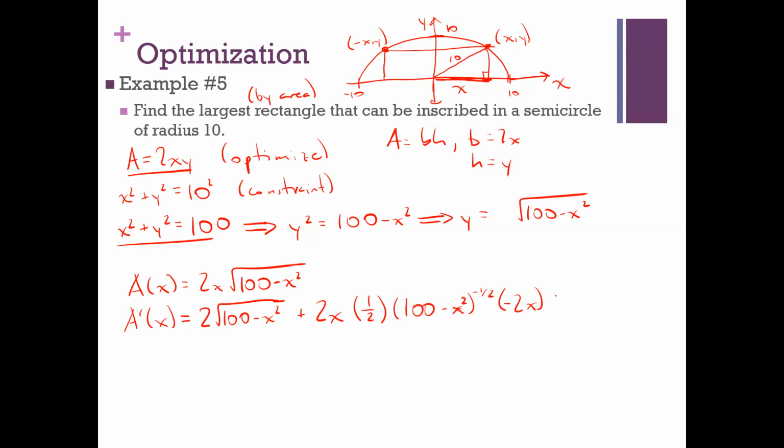And I really would like this thing to be equal to 0. This one is about as simplified as it's going to be. That will annihilate that. So then I get minus 2x squared over the square root of 100 minus x squared.